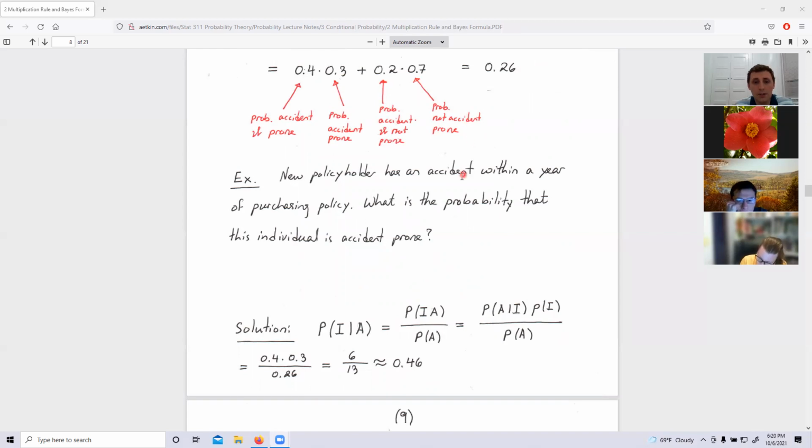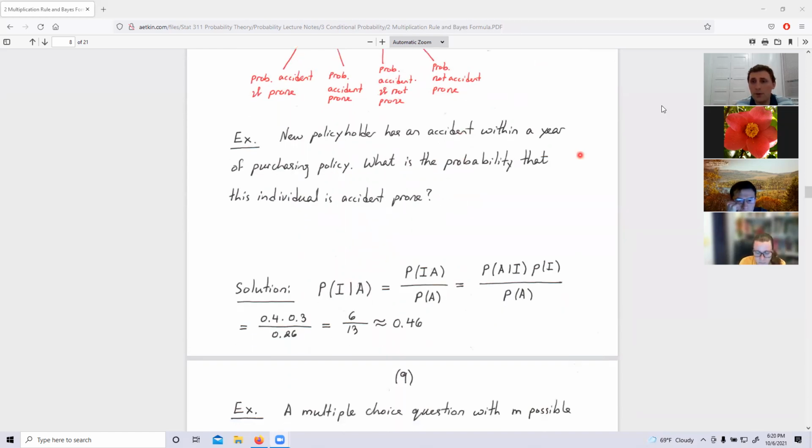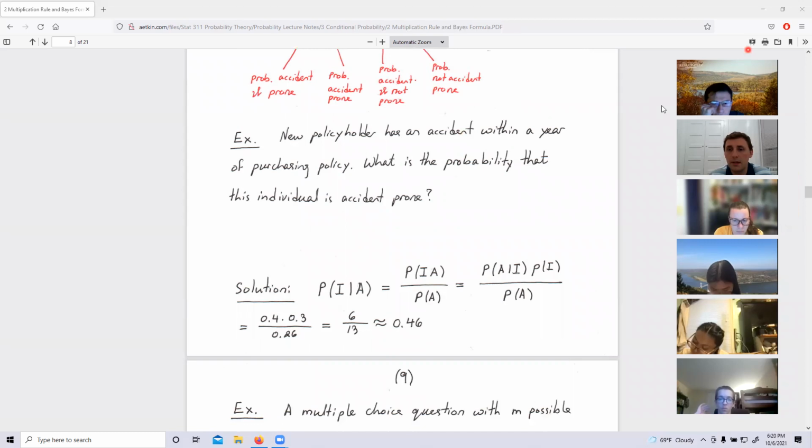So this is the question. So we know the person had an accident, right? How likely is the person to be accident prone? You would agree that when something happens, that indicates, you see, when somebody has an accident, you already suspect maybe the person will have it again, correct?